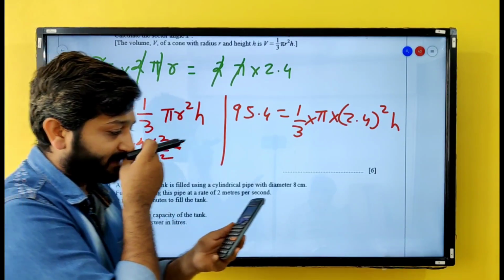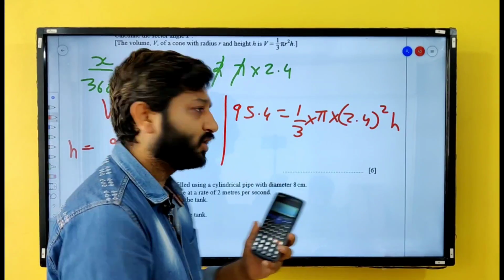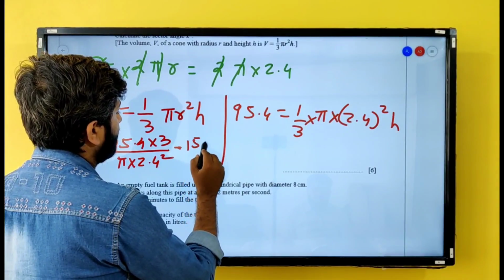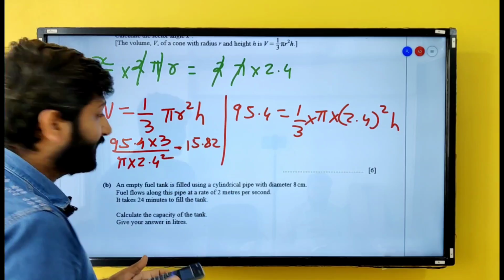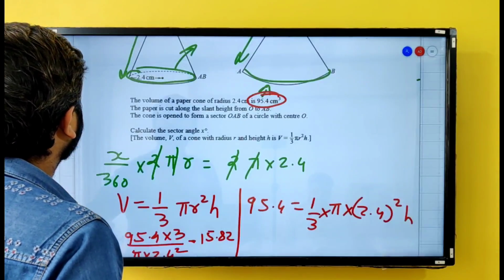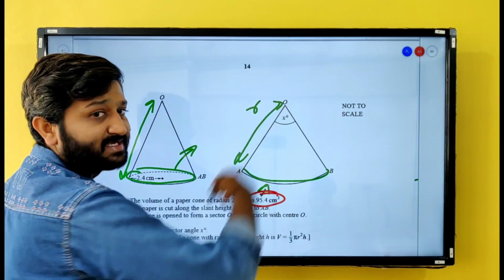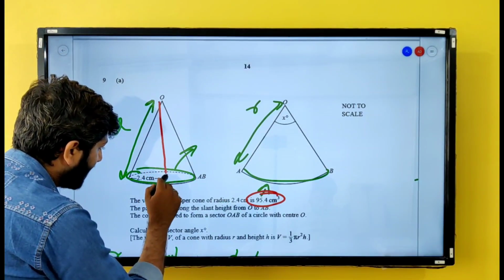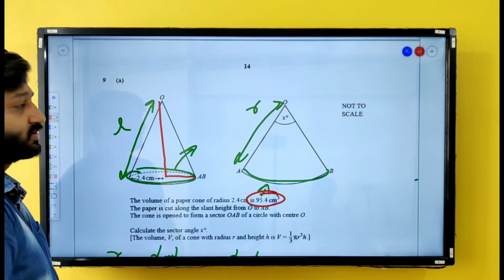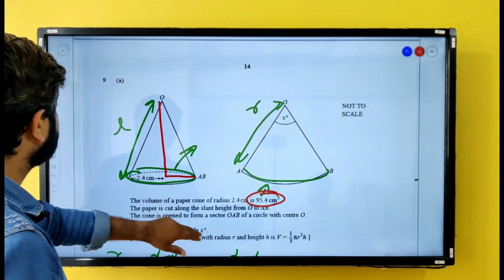So the height is 15.816, or let me write it as 15.82. Right, this is the height. Now can I apply Pythagoras theorem? Yes, I can, because I am supposed to find this radius r. So this is my height, this is the radius. So let us find out slant height using Pythagoras theorem.